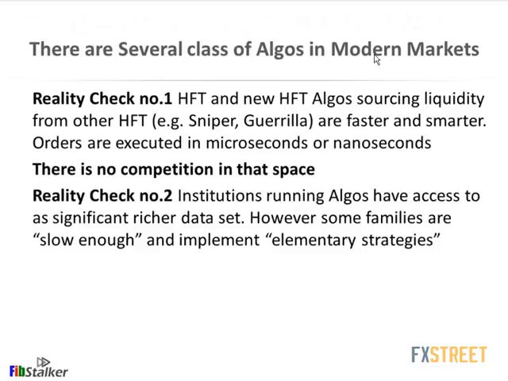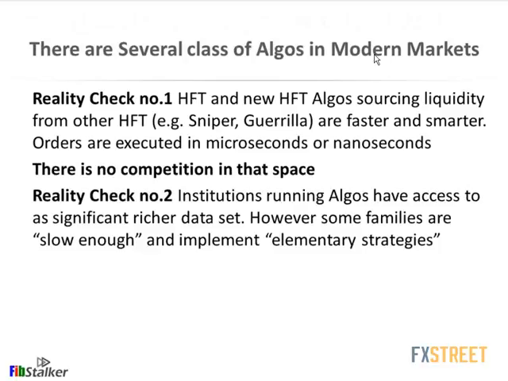Okay, so the most important thing, and I've just showed you an example, there are some families of algorithms that are slow enough. They're not HFT. I call them program trading. In reality, they are a family of algorithms, a group of algorithms, okay? And they are slow enough, and they implement elementary strategies.